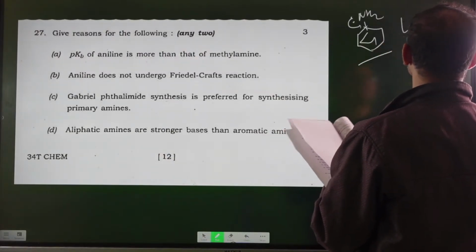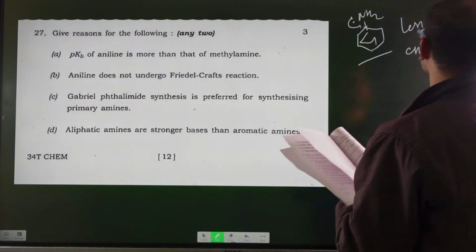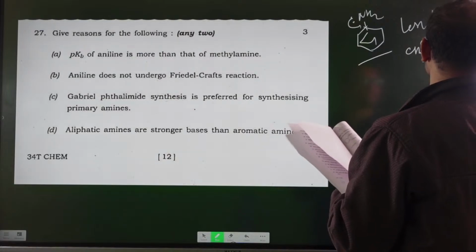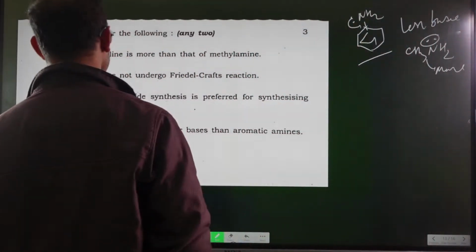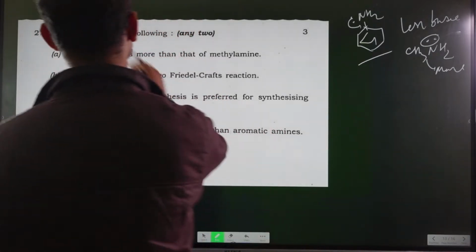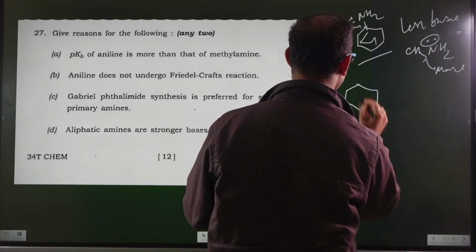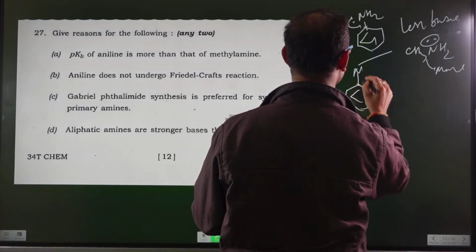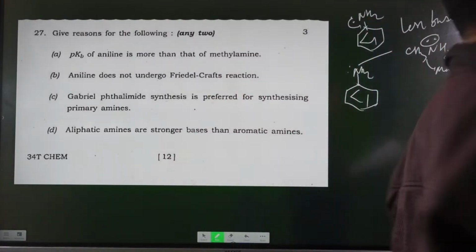In methylamine, the nitrogen lone pair is not conjugated. Therefore, this is more basic. This is the main difference. Similarly, aniline does not undergo Friedel-Crafts reaction. Benzene undergoes Friedel-Crafts reactions, but aniline does not because NH2 has a lone pair.